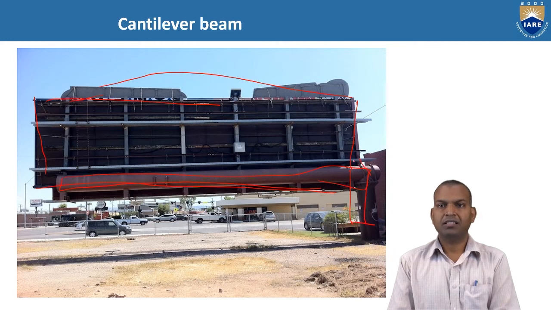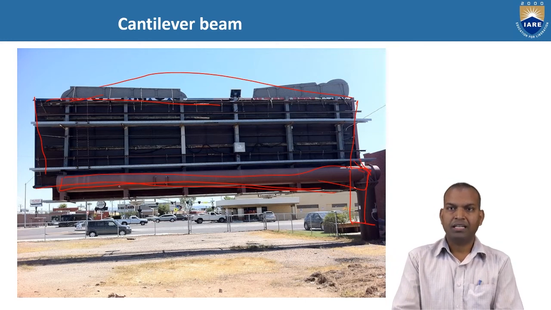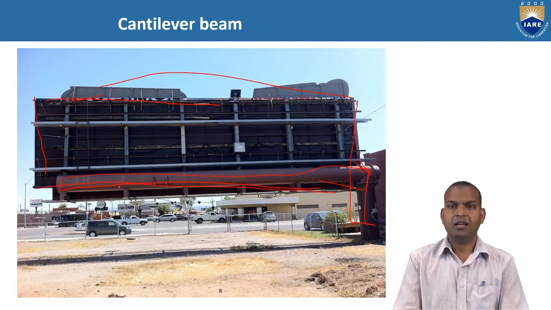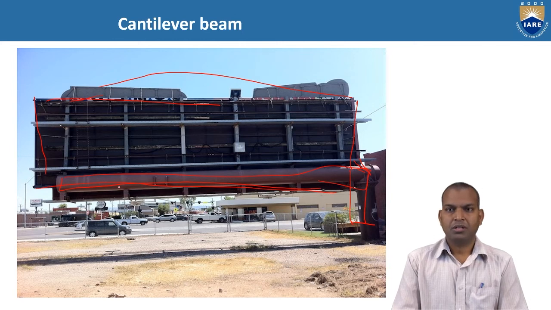So you can see it here. And what load is acting on this cantilever beam? This big billboard. There are 3 types of loads we studied: point loads, UDL and UVL. So here, what type of load is it? Is it a point load, or UDL, or UVL? It is considered as uniformly distributed throughout.